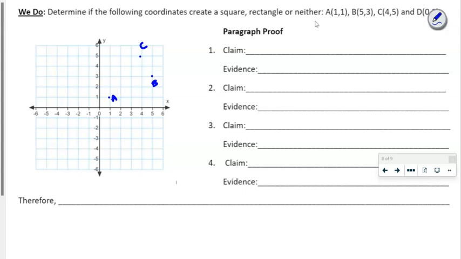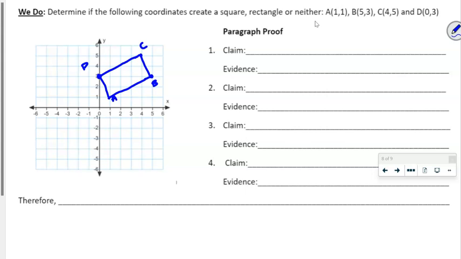I can't even see that. 0, 3 is D. Okay, so A to B, B to C, C to D, D to A, right? I didn't draw that line very straight over there, but let's see if we can fix it. Because my point was right there, wasn't it? B was 5, 3. Right there, right? And there. There we go.